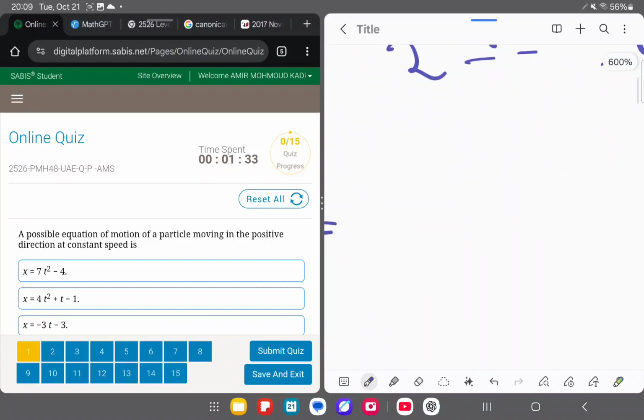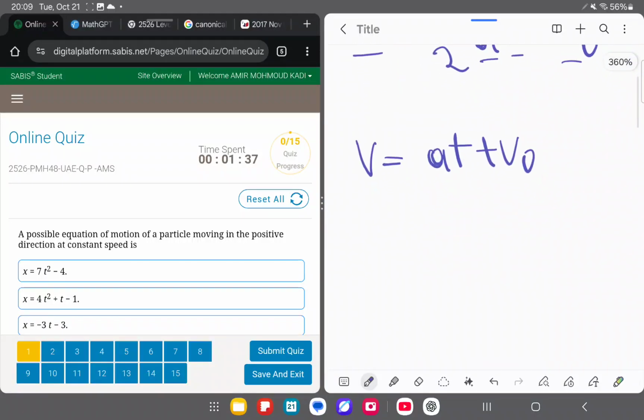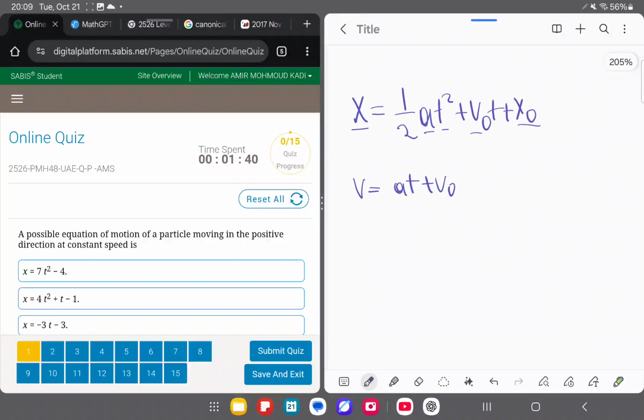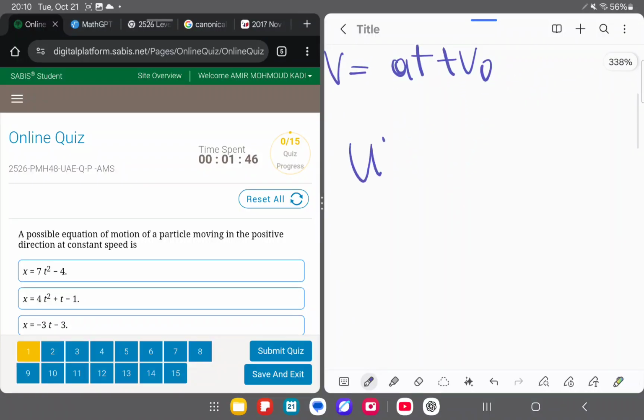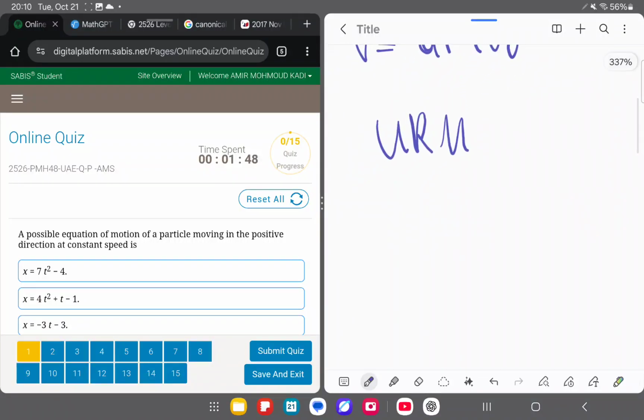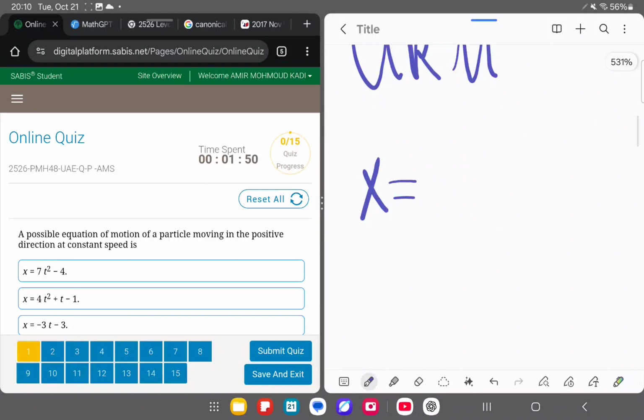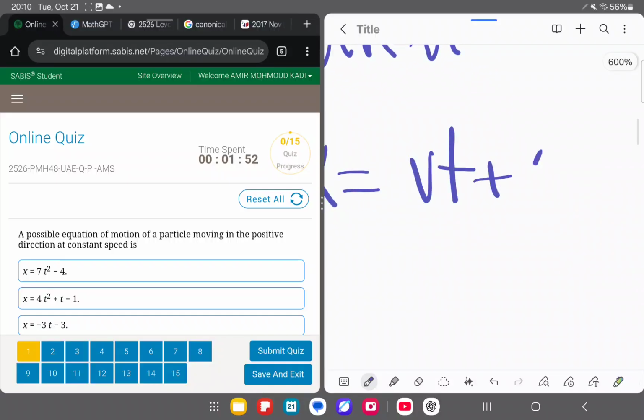V is equal to AT plus V0. These are the main rules for UARM. But for URM, velocity is constant, meaning that X is normally just equal to Vt plus X0.